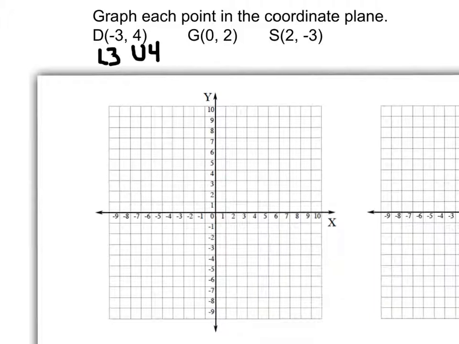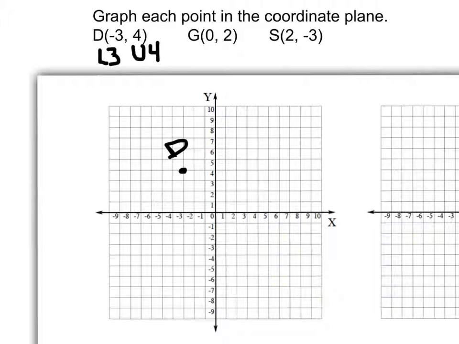So for letter D, I'm going to start in the middle here, and then I'm going to count over 1, 2, 3 to the left, and then up 1, 2, 3, 4. So there's my answer. I'm going to get rid of the little dots I drew. You don't have to draw the little dots. You can count over. Now I have to remember to label that point D.